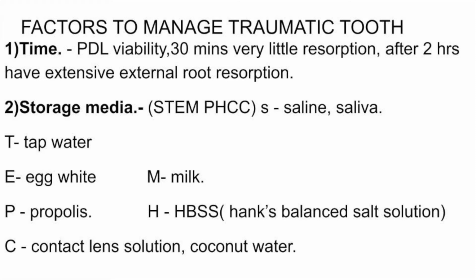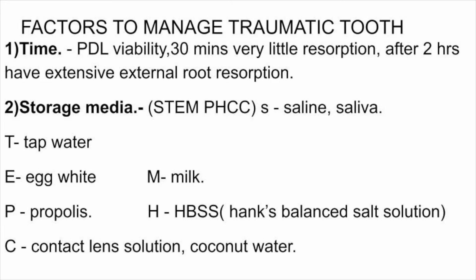The best ways to store the traumatic tooth are milk, HBSS solution, and saliva. These are the 3 important ones to store the traumatic tooth. If the tooth can be replanted immediately, the proper storage can favorably influence periodontal ligament cell viability.